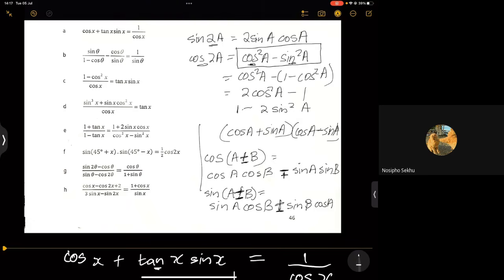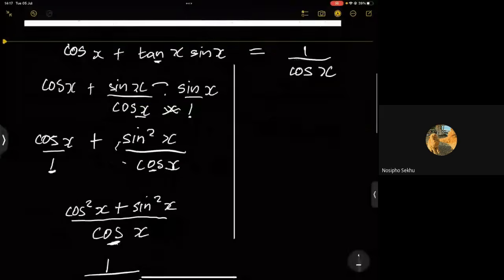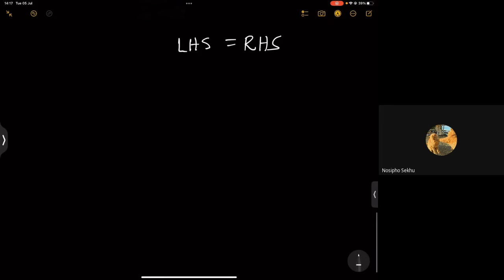So I've got 1 plus tan x over 1 minus tan x.